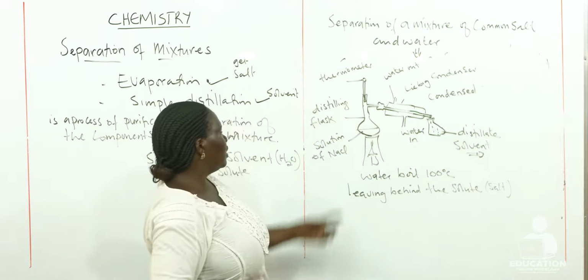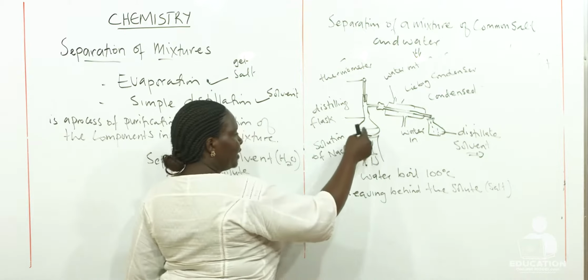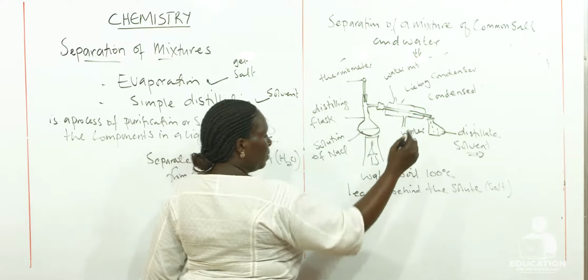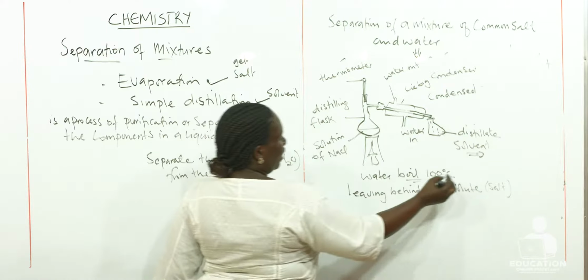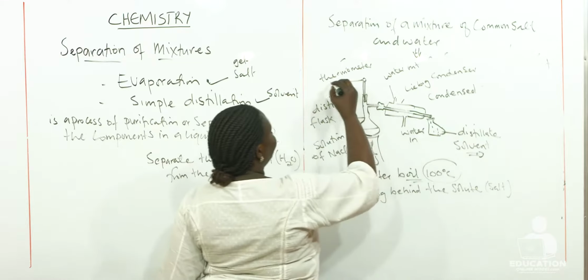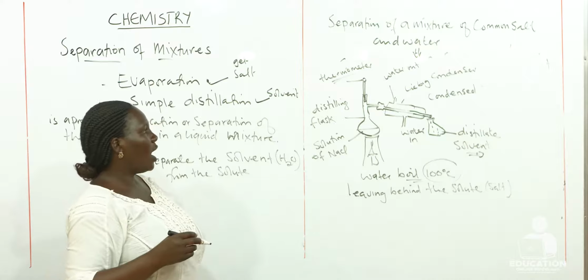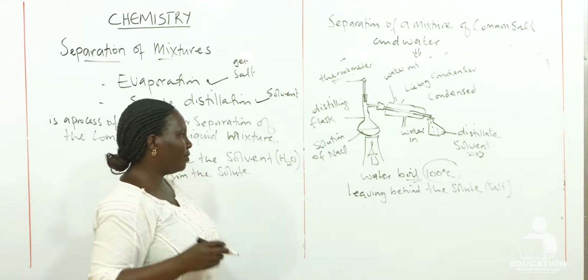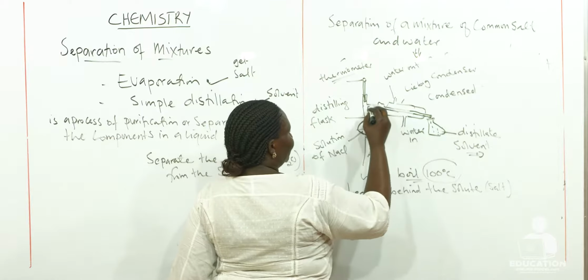So the solution of sodium chloride, that is salt solution, will be heated. The water will boil because water boils at 100, and this boiling point will be detected by the thermometer that is fixed at the upper end of the flask. Once the water boils, it changes into gas, that is steam.